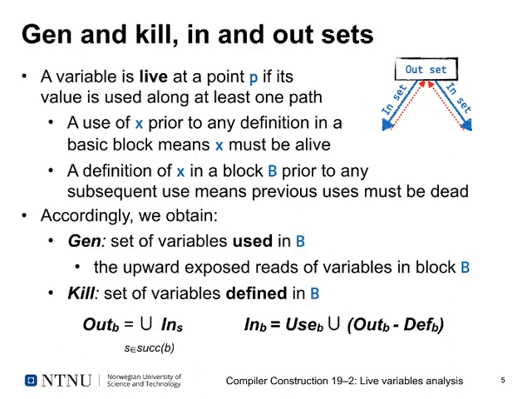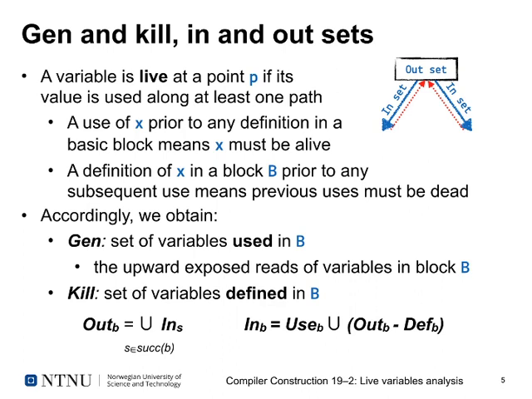So a variable is live at a program point p if its value is used along at least one of the paths that emerge from point p. So a use of variable x prior to any definition in a basic block means that x must be alive, and a definition of x in a block b prior to any subsequent use means that all previous uses must be dead.